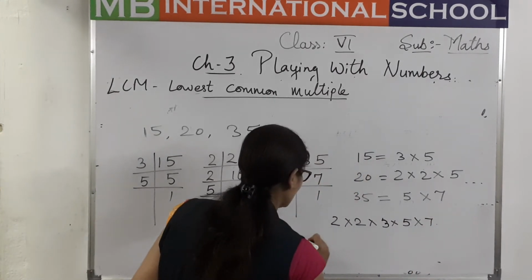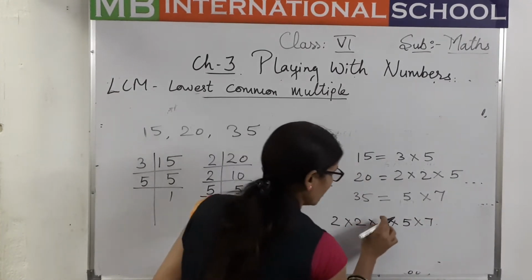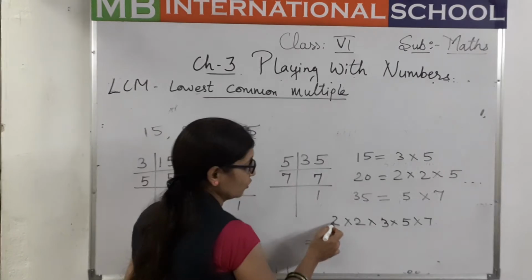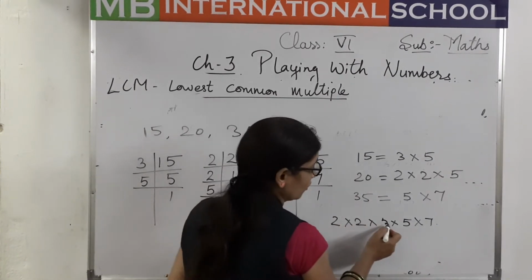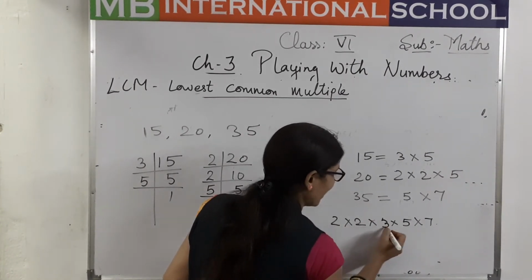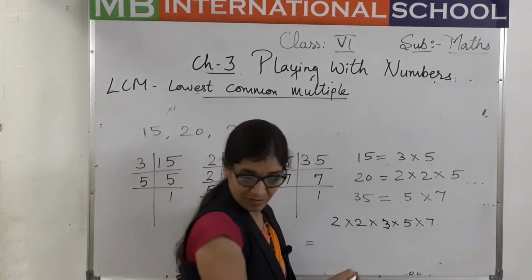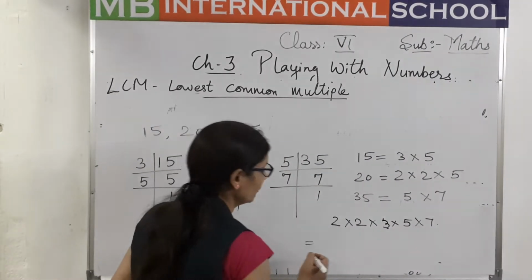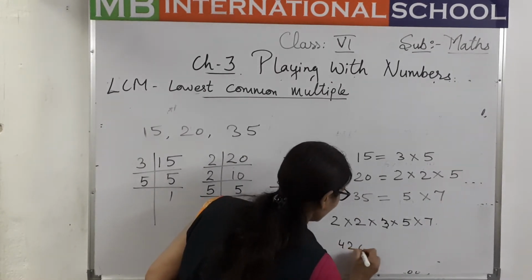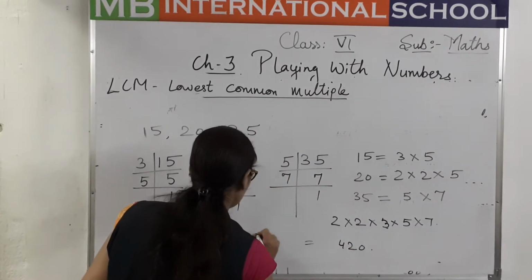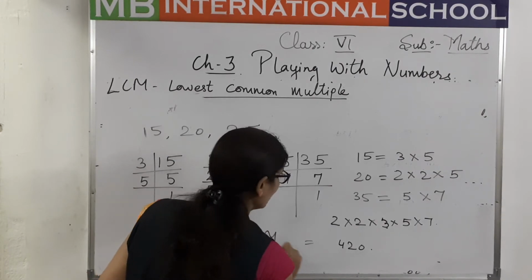Now 2 multiplied by 2 is 4, 4 multiplied by 3 is 12, 12 multiplied by 5 is 60, and 60 multiplied by 7 is 420. So the LCM of these three numbers is 420.